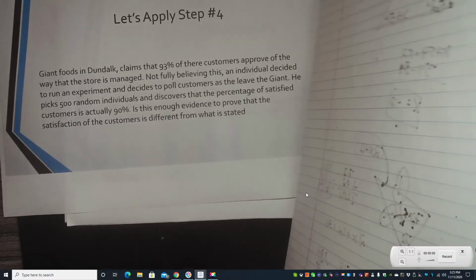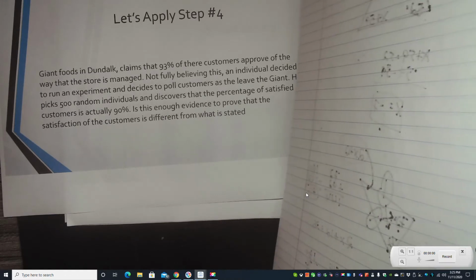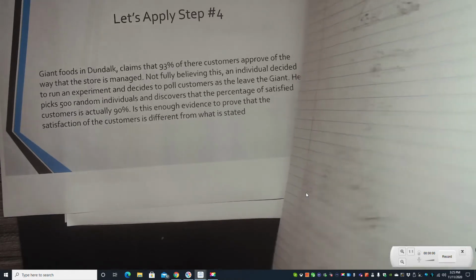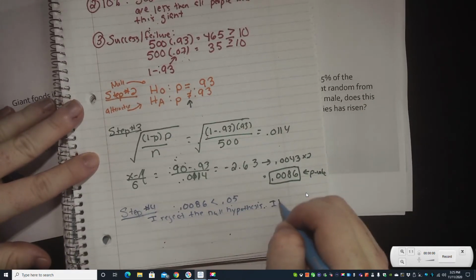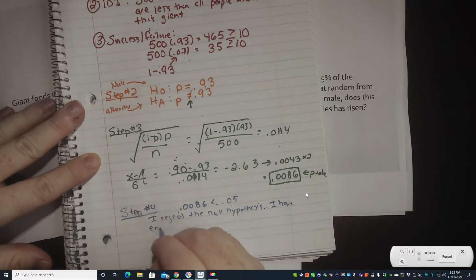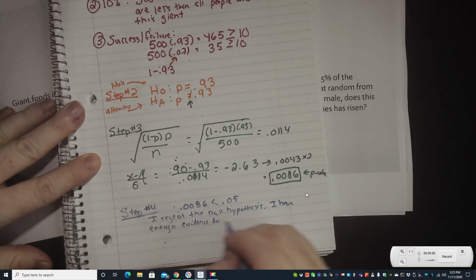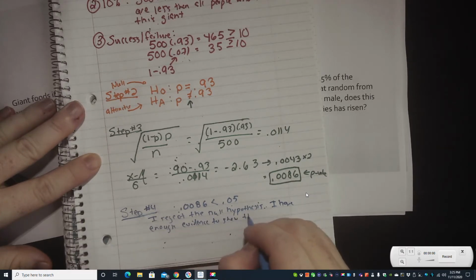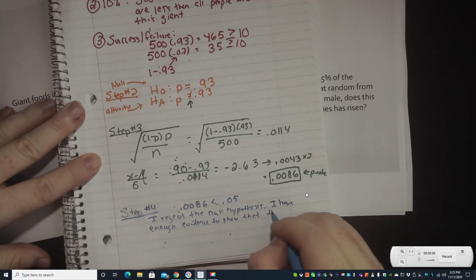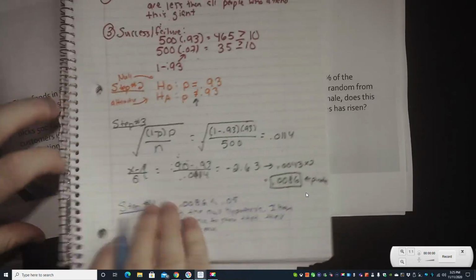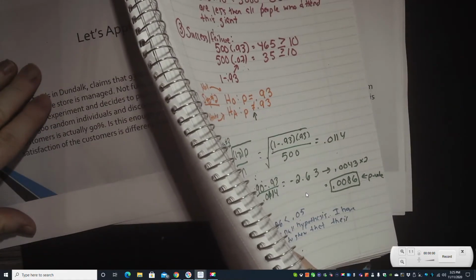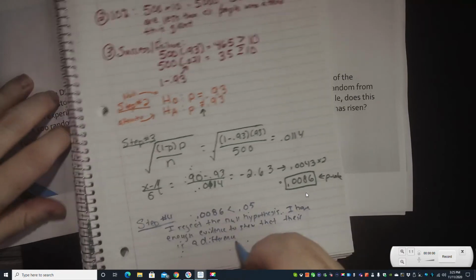So the question says, is there enough evidence to prove that the satisfaction of customers is different from what is stated? Well, if I rejected the null hypothesis, then I have enough evidence to show that there is a difference. Let me just double check. Difference in customer satisfaction.